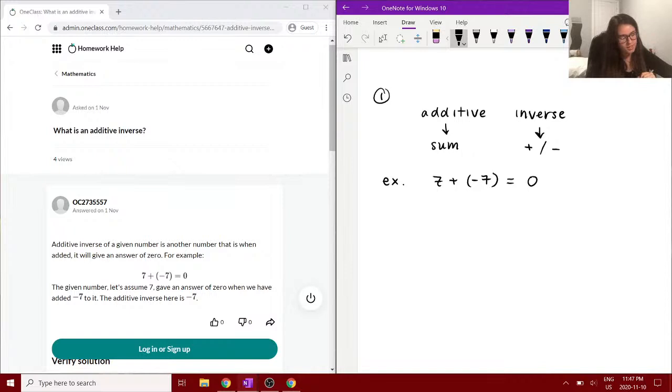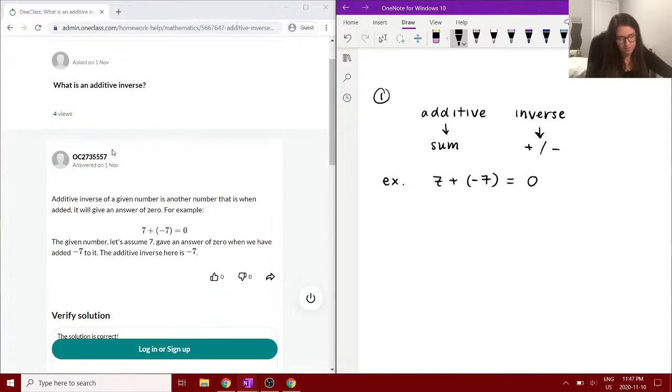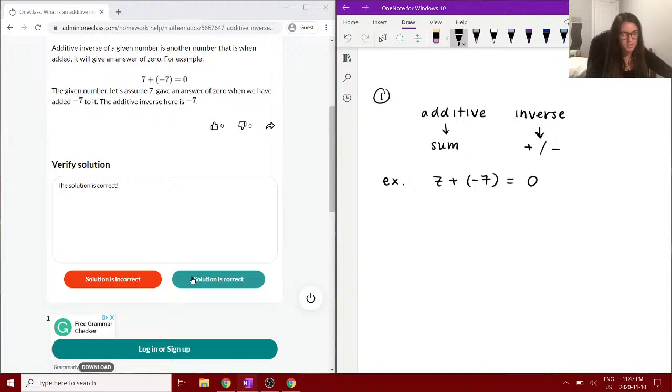So that shows you that if you have 7, the additive inverse is negative 7, and you will always have the result of 0. Okay. Let's go to solution. And the solution is correct. We can move on to the next question.